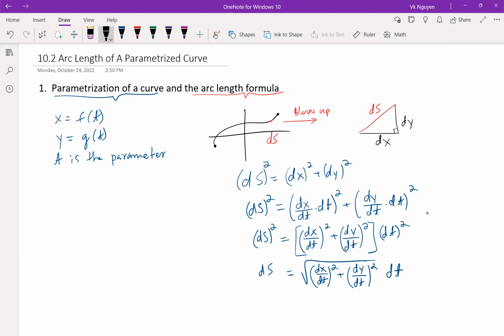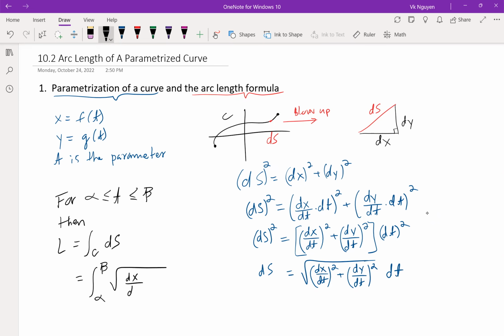So for t between alpha and beta, the length of the curve C would be the integral over C of ds, and that would be the integral from alpha to beta of the square root of (dx/dt) squared plus (dy/dt) squared, dt. What a nice formula.